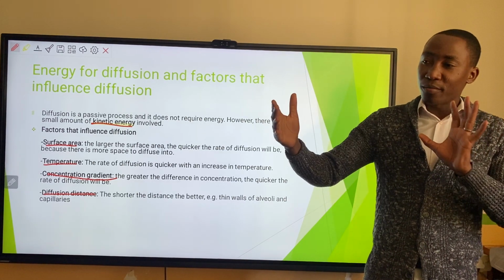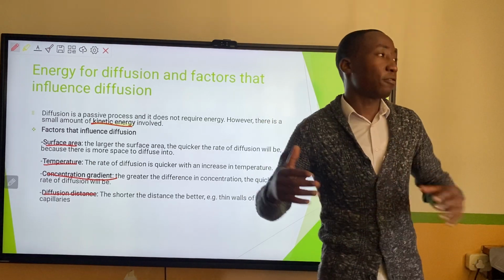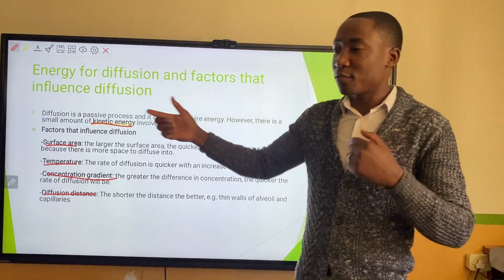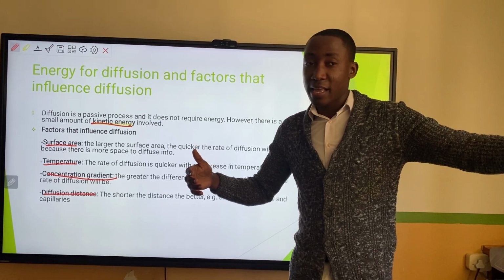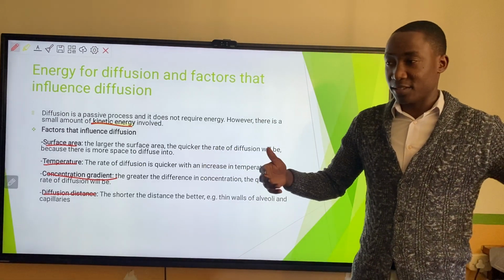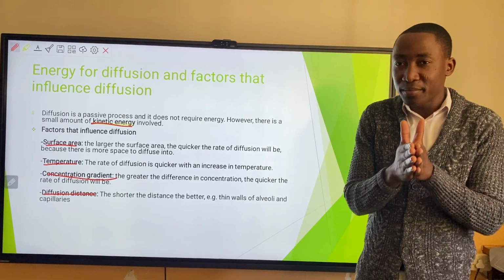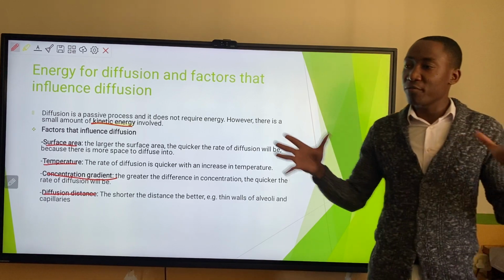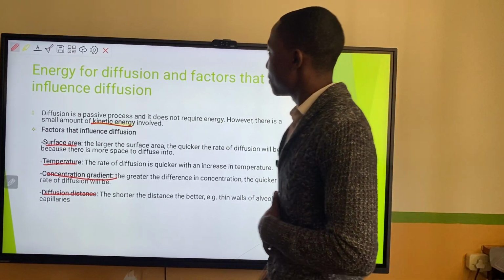If you are in a room that is made of glasses, and someone is in a room that is made of four walls, who is likely to suffer from cold temperatures from outside environment? The one in the room made of glasses. Why? Because it's thin. Because the glasses are a little bit thinner compared to the walls. That's why diffusion will be faster. The cold will diffuse in at a faster rate. Does that make sense? Yes.